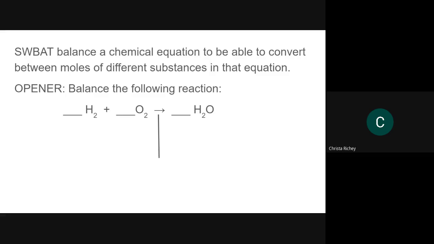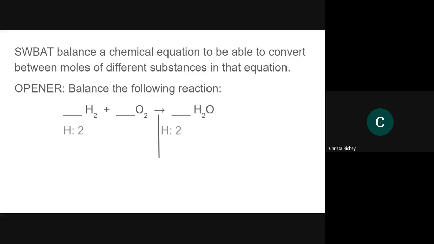With this particular equation, we've got hydrogen gas that's reacting with oxygen gas to make water. And we have to be able to balance, because balanced equations is how we switch from one thing, whatever it is, to another. And they're going to be whole numbers.